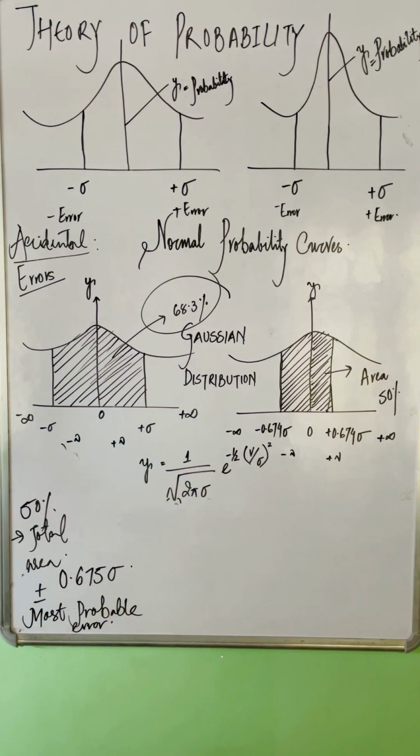So the error of plus minus 0.675 sigma is called the most probable error, and it is likely to occur 50% of the times. The area between these vertical lines is 50% of the total area, so the error of plus minus 0.675 sigma is called the most probable error.